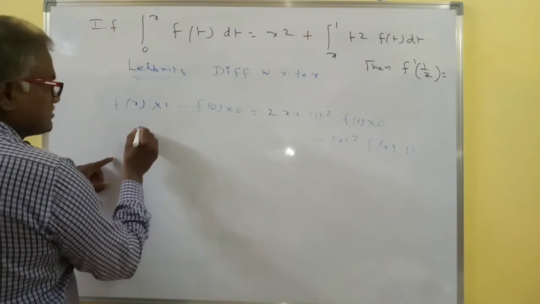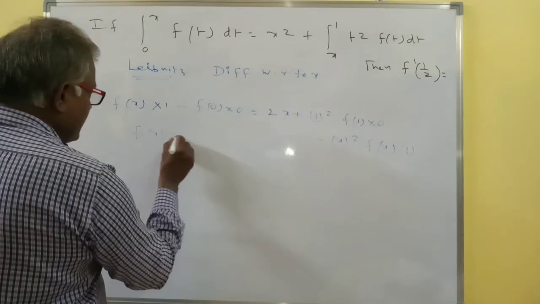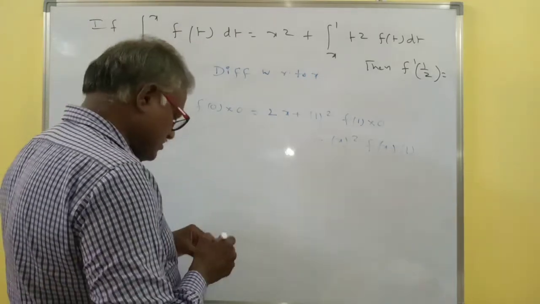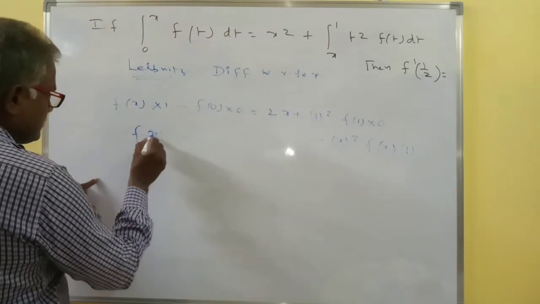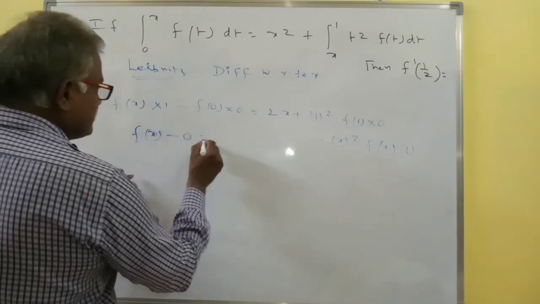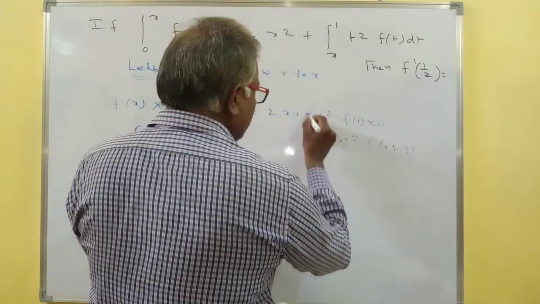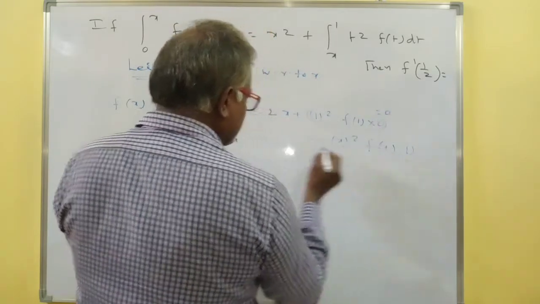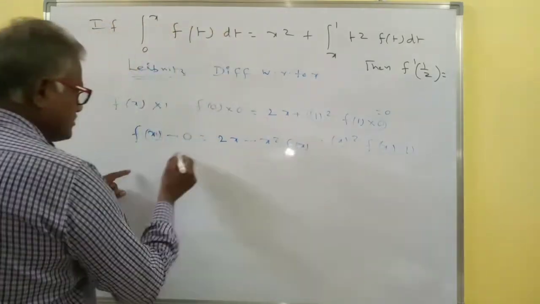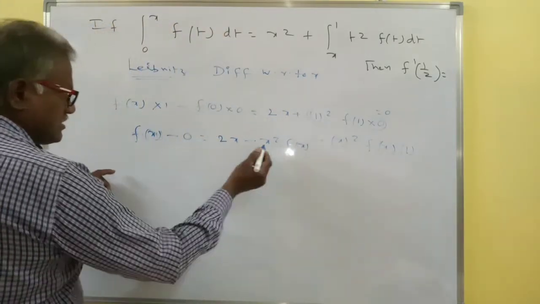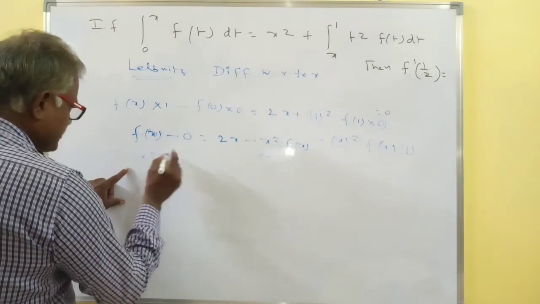So finally you see f of x minus 0, this is nothing but 0. Okay. Here f of x minus 0 is equal to 2x. Here this is nothing but 0. Totally this becomes 0. So minus x square into f of x total. So transpose this to the right side. So what you will get?